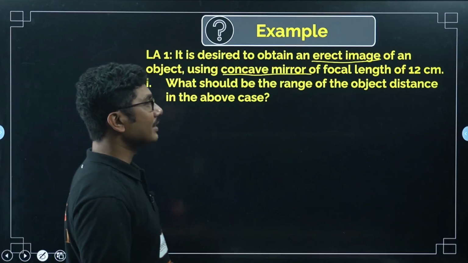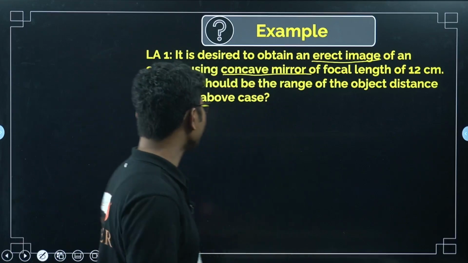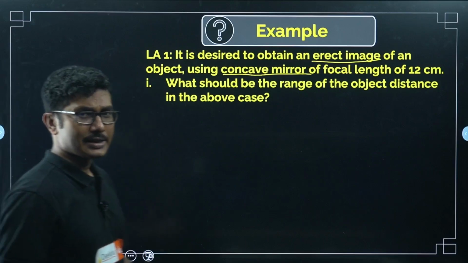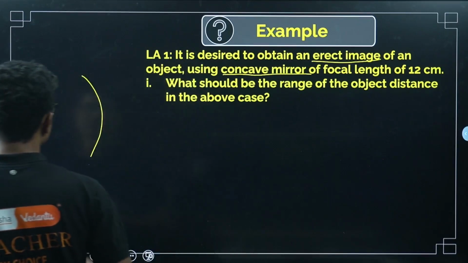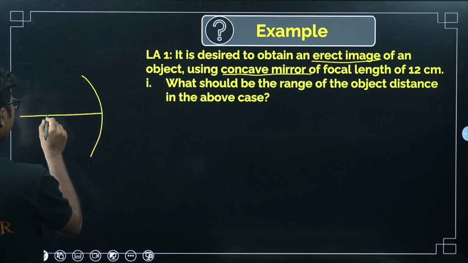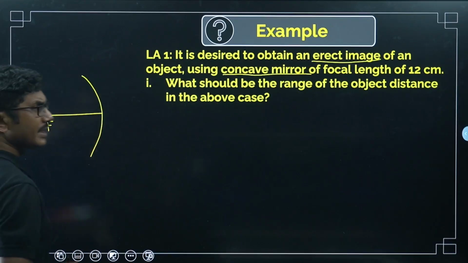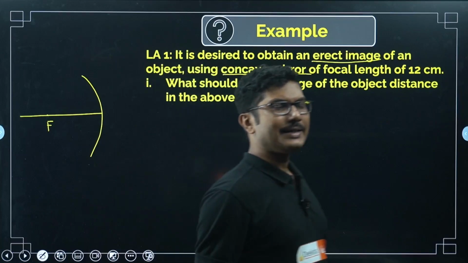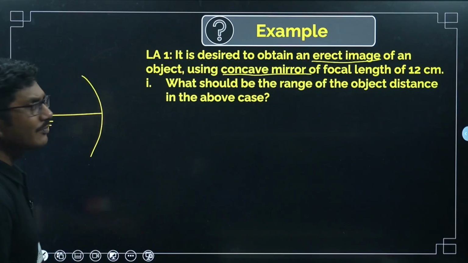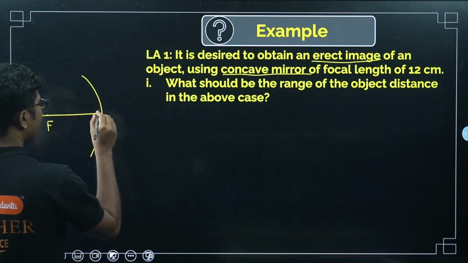So first of all, let us understand the concave mirror. In case of a concave mirror, the surface is like this, so this is the concave side. When you place an object at a distance less than the focal length, it forms a virtual image. We already know that, right?